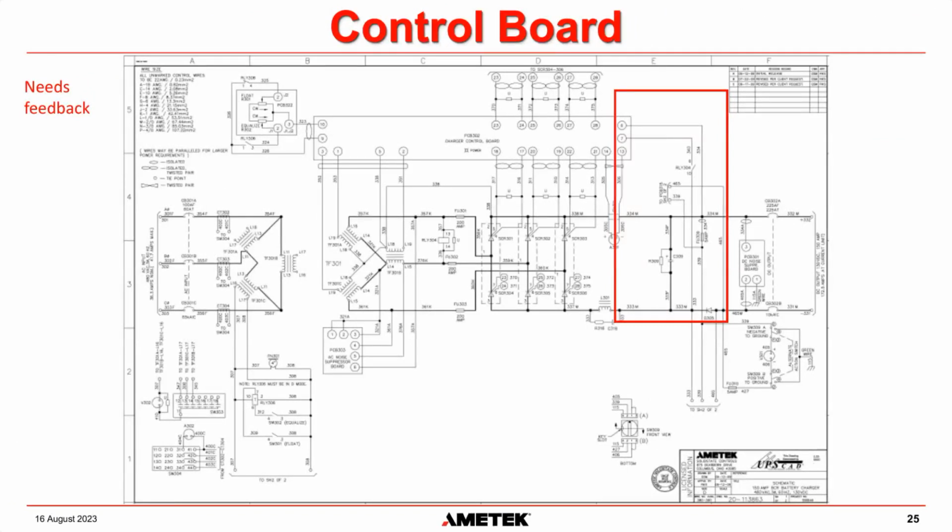And then I mentioned earlier that the charger is as simple as AC in, control board sends signals to the SCRs to turn them on, and then it uses feedback to know what it is doing so it can regulate itself. And in this box here, you can see this is where the feedback is taken from, and it is wires 6 and 7 on the control board.